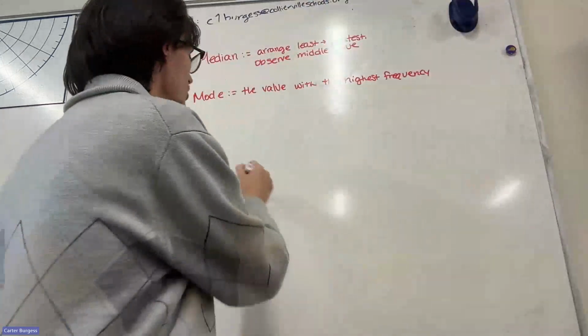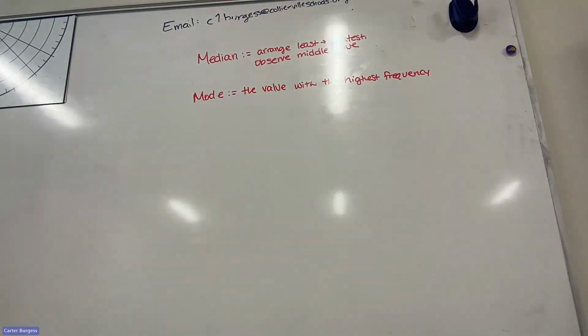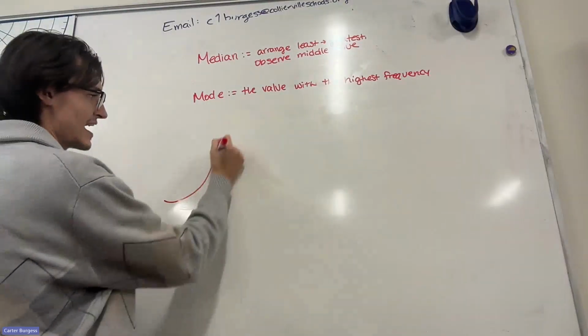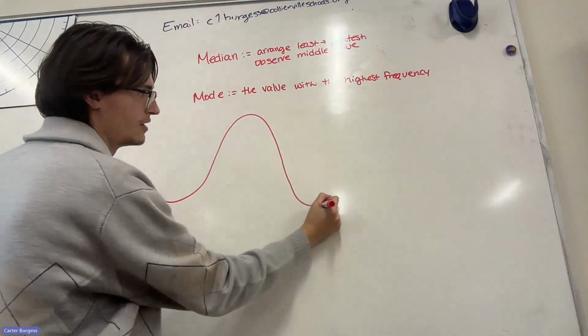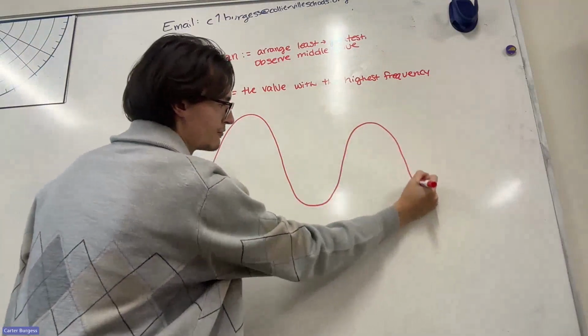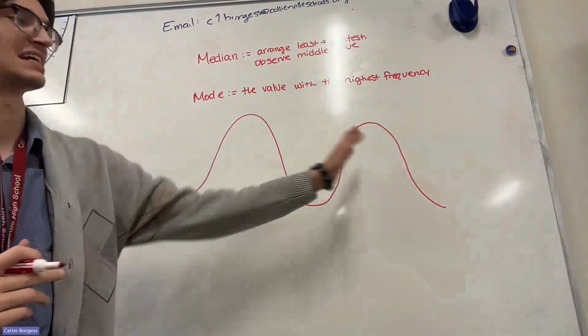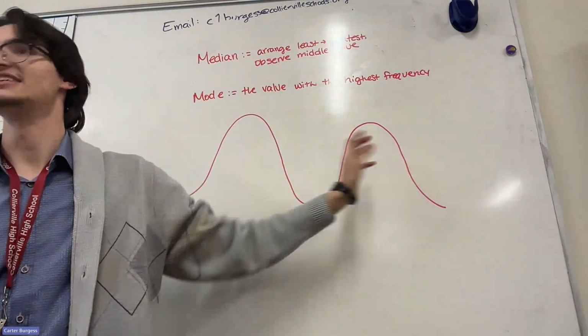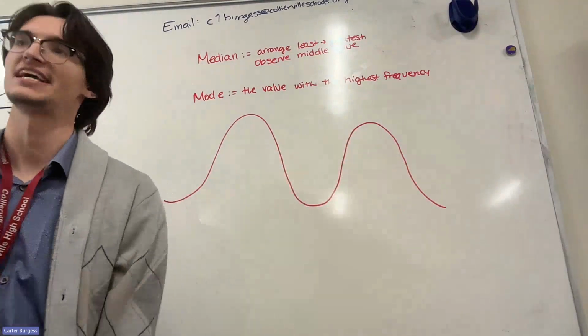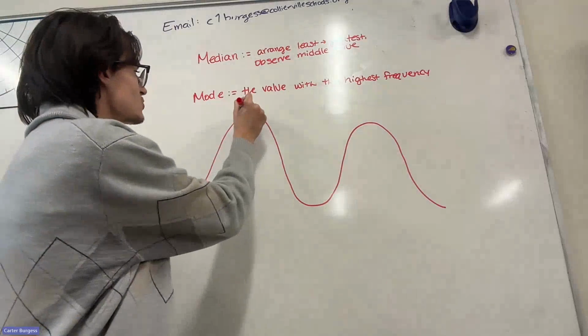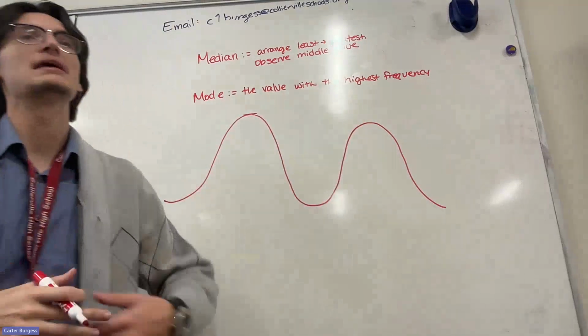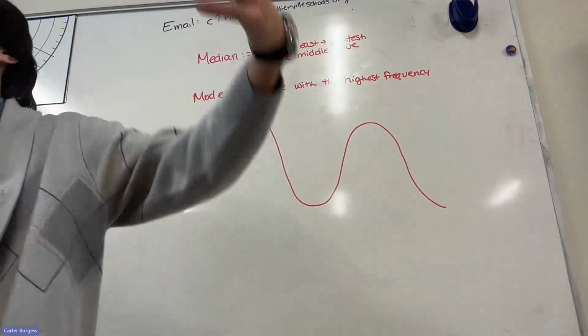And in fact, if we were to look at the distribution that we would see in a histogram for that particular case, we have two distinct peaks here that each represent a cluster of data. Yes, maybe this one is slightly taller than the other, so maybe technically there is a mode.